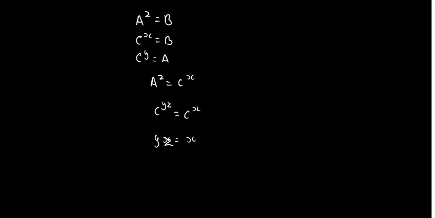Then we make z the subject of the formula, which is equal to x over y. But what is z? z is log base a of b, this one is log base c of b over log base c of a.